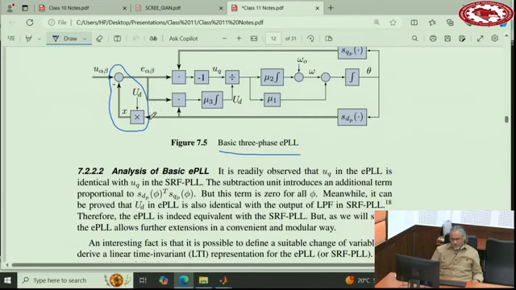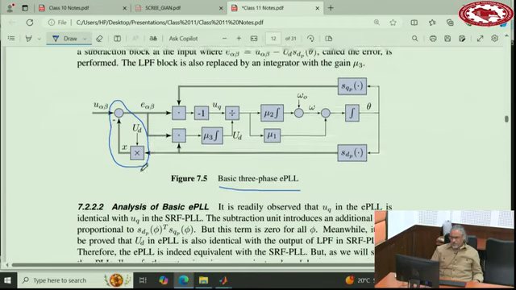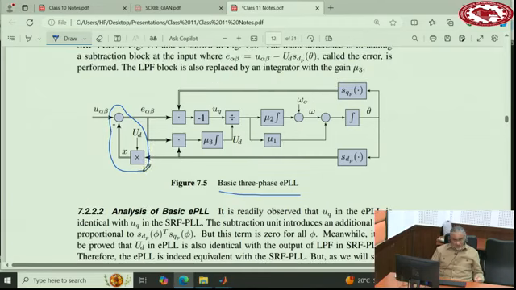Because of this subtraction, it gives you some nice properties mathematically. For instance, again, if you choose this mu1 equal to mu3 and choose mu2 equal to 0, you can prove that with this arrangement, the entire system becomes linear time invariant.